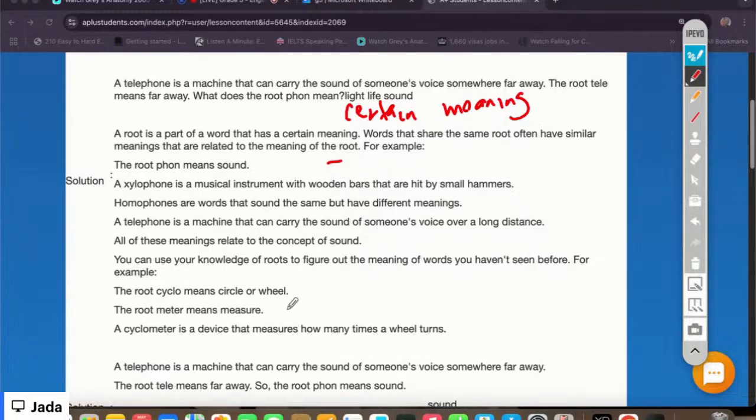For example, we have the root phone means sound. So we have phone, right? And it means sound. So we have xylophone, a musical instrument with wooden bars that are hit by small hammers.